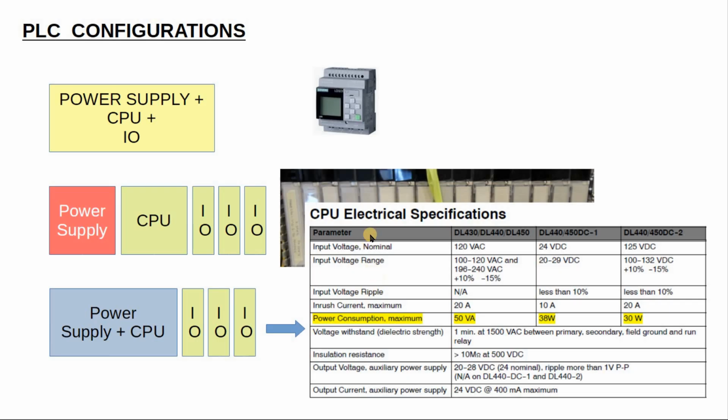Now, some companies provide you with a very nice table which will say that if you have this type of PLC or CPU, that's the power we need, or the consumption of this CPU. So this is 50 VA from 120 volt AC. That's your power consumption.